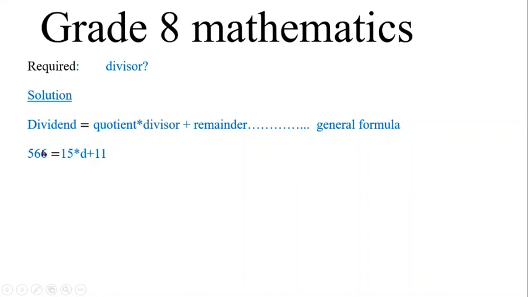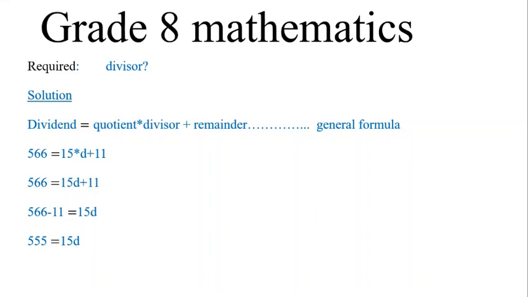Now, rearranging and collecting like terms, we have 566 minus 11 is equal to 15d. The difference between 566 and 11 is 555, which equals 15d. This equation becomes a multiplication operation where 555 is the product, 15 is the multiplicand, and d is the multiplier.